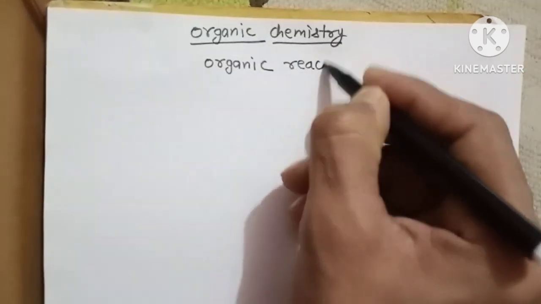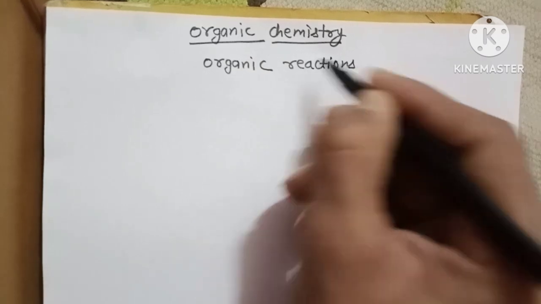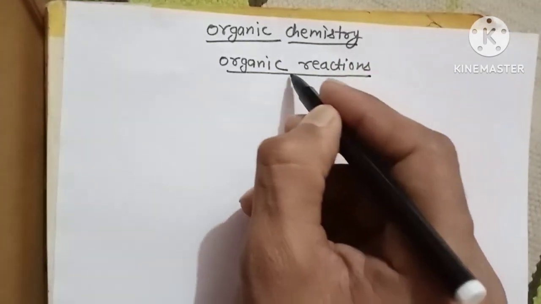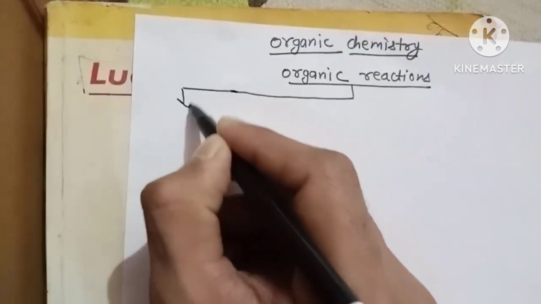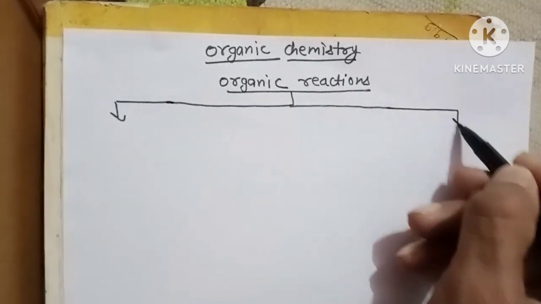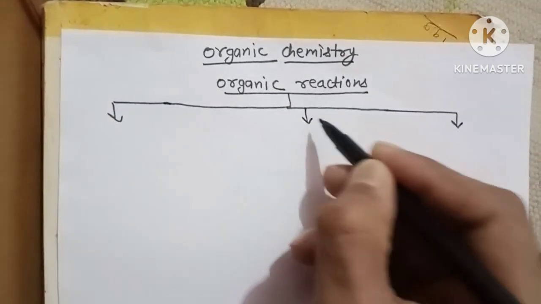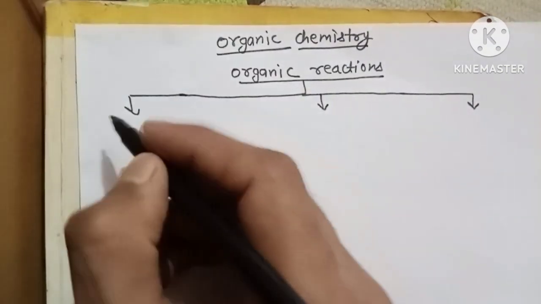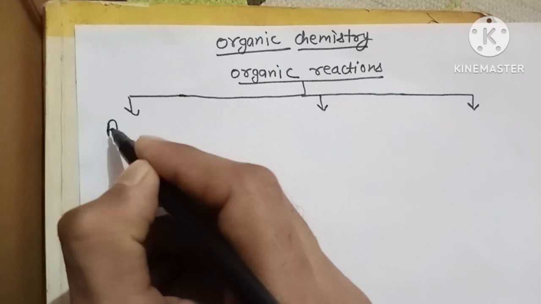reactions, and now we divide these organic reactions into three parts, which we have mainly seen in this whole organic chemistry. The first one is addition reaction.